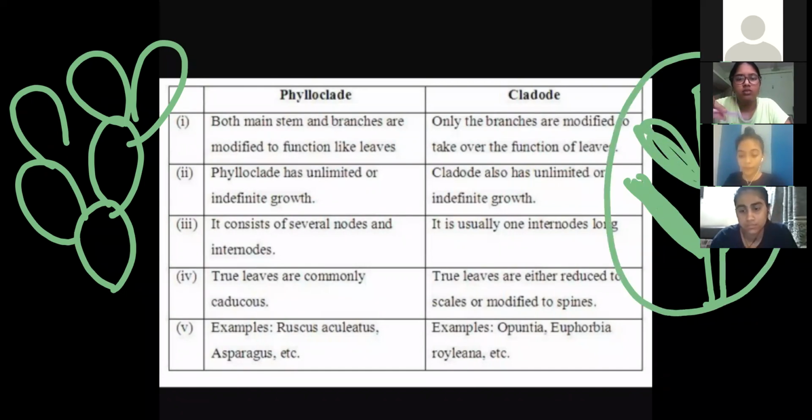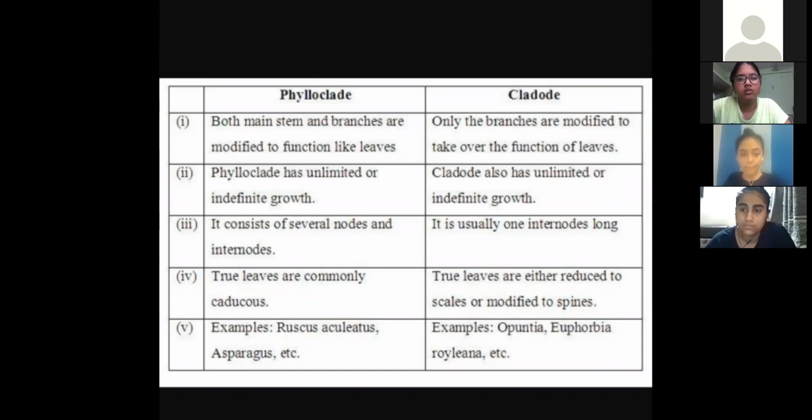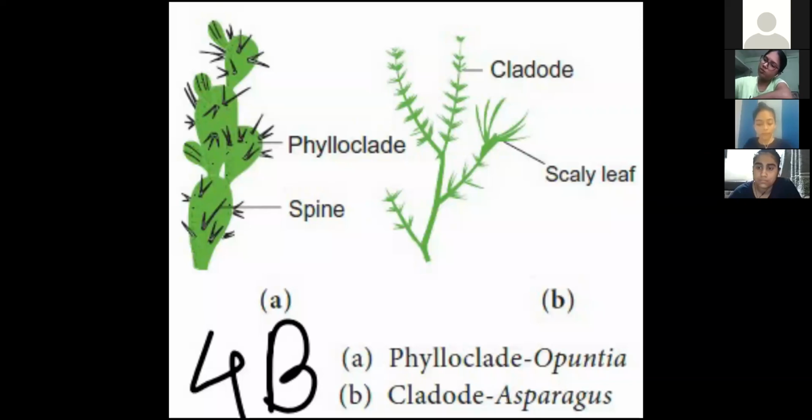So when only the branches perform photosynthesis and not the main axis, that we call cladode.